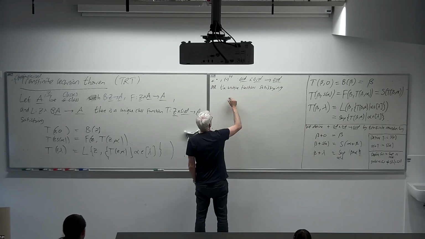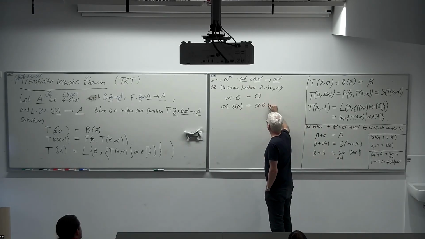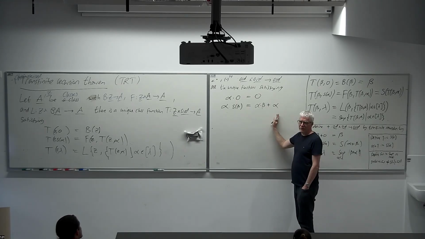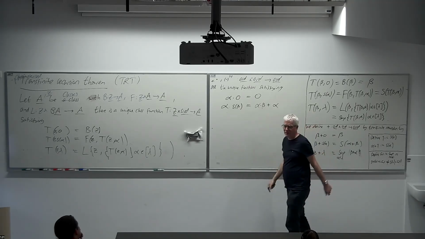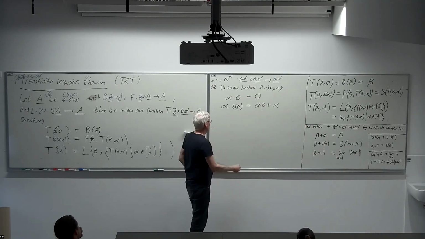So for multiplication, alpha times 0 is, of course, 0. Alpha times the successor of beta is, of course, alpha times beta plus alpha. Well, I say, of course, you have to think for a bit what's going to give us the nicest operation here, because plus is not commutative. We'd actually get something different if we wrote it the other way around. So this is the version that gives us a nice multiplication operation.